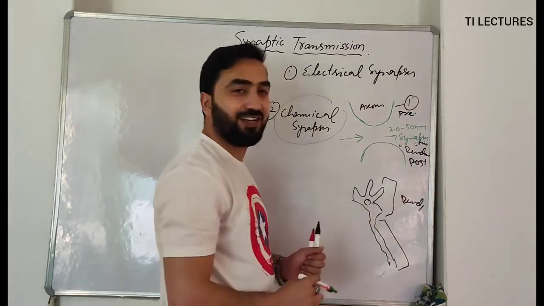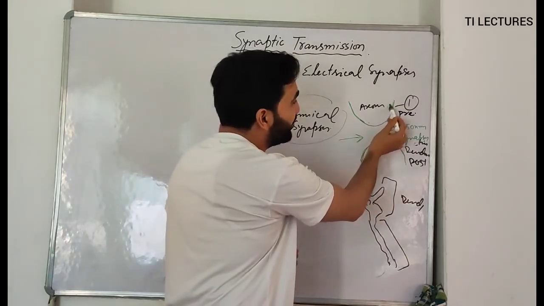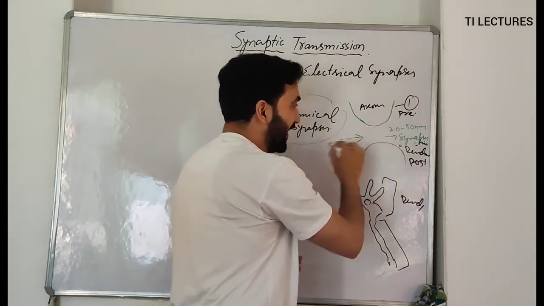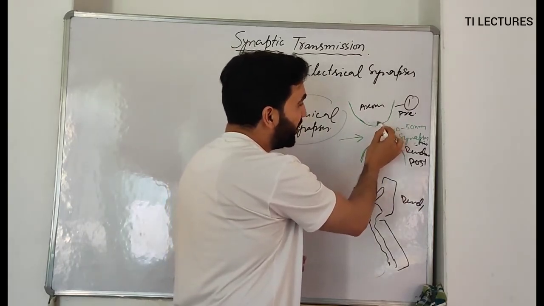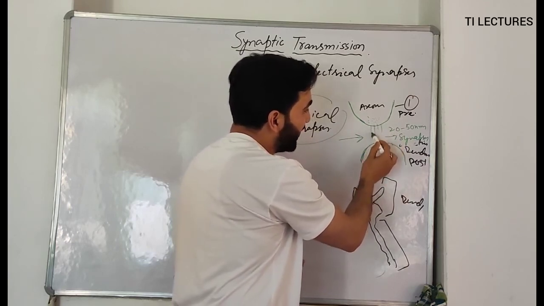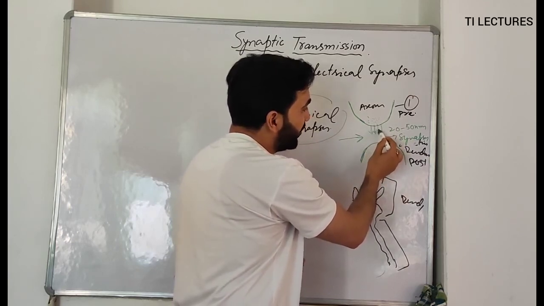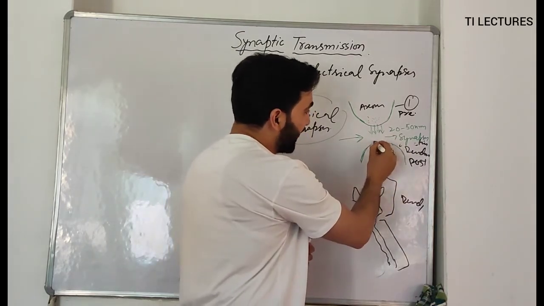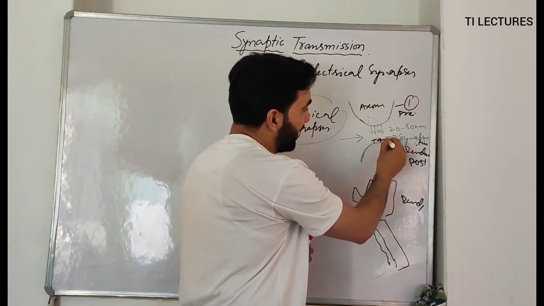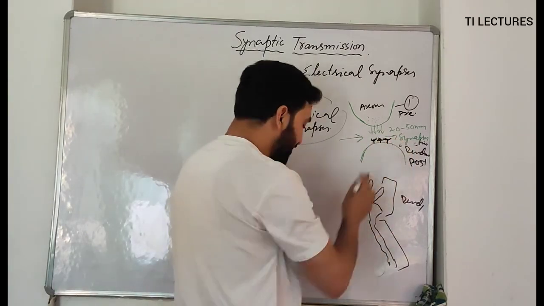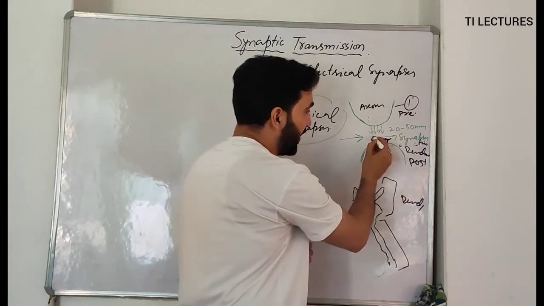And in the chemical synapse, once the presynaptic neuron gets activated, certain kinds of molecules are released into this gap. Those molecules then influence the receptors present on the postsynaptic membrane, on the postsynaptic neuron, right here.